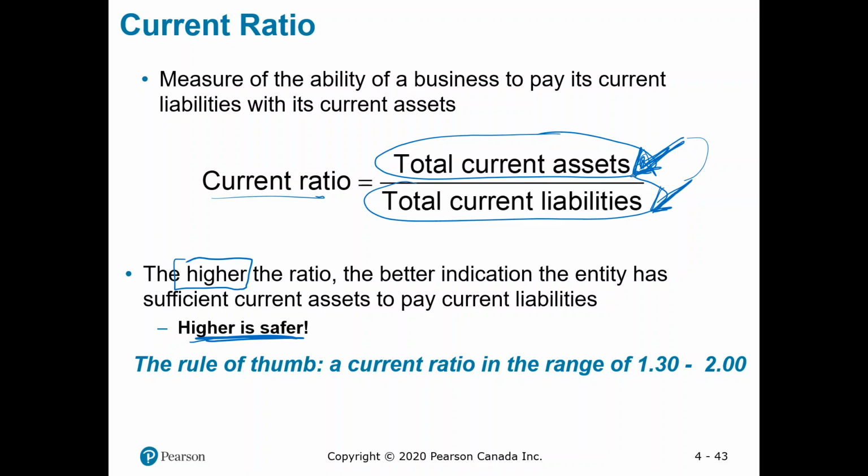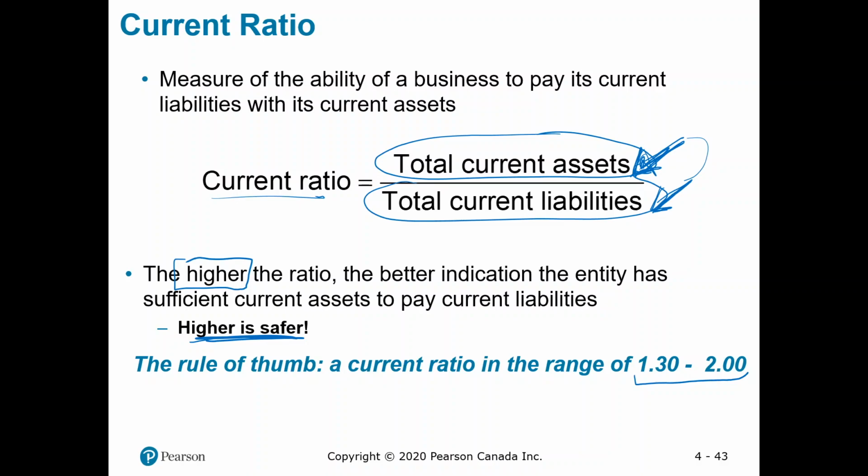So a general rule of thumb is that the current ratio, it says in the textbook, should be between 1.3 to 2. That's that safe range, but not getting so high that we're not using our assets accordingly.